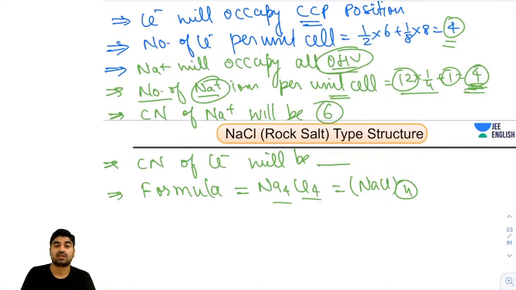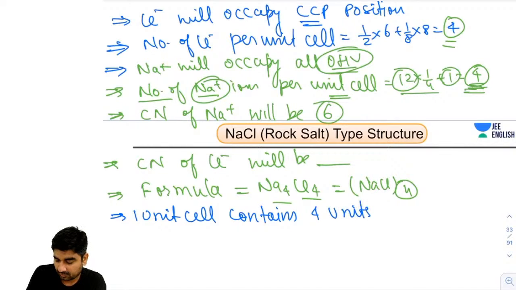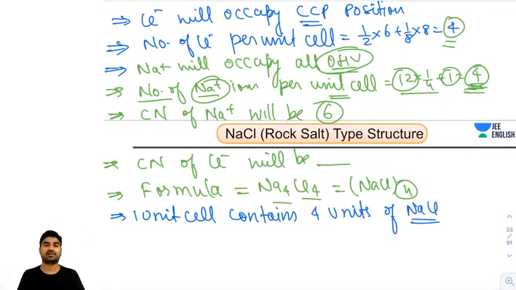What is this for? It means one unit cell will contain 4 units of NaCl. Is that clear now?